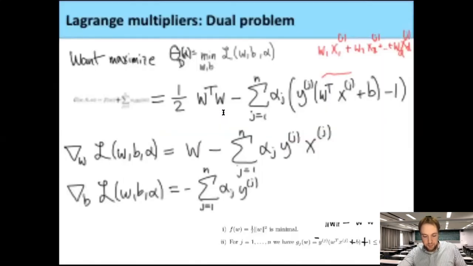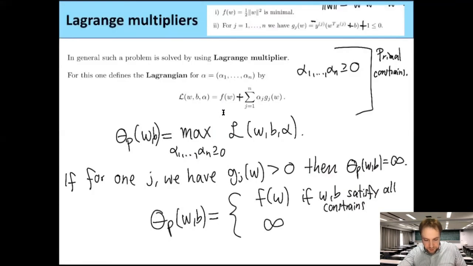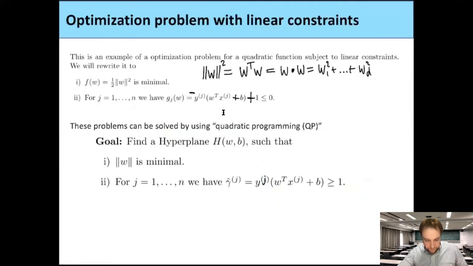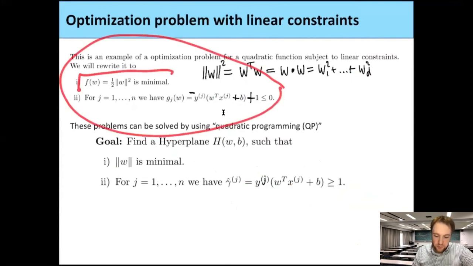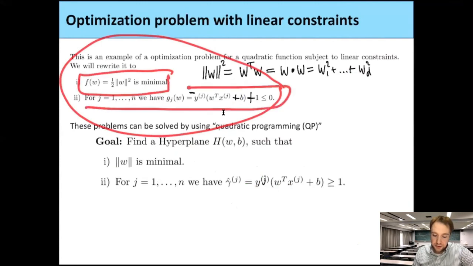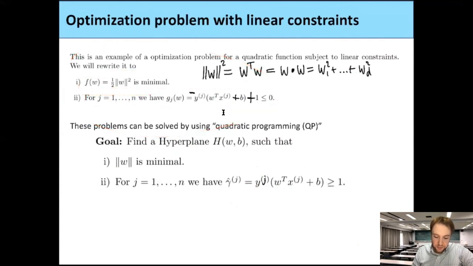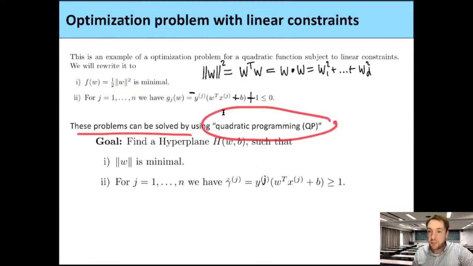And maybe one thing, I think I wrote it, but I didn't mention it. In general, for problems like this, where you want to minimize a quadratic function with a constraint like this, there are really fast implementations to solve these kinds of problems, and this is called quadratic programming.